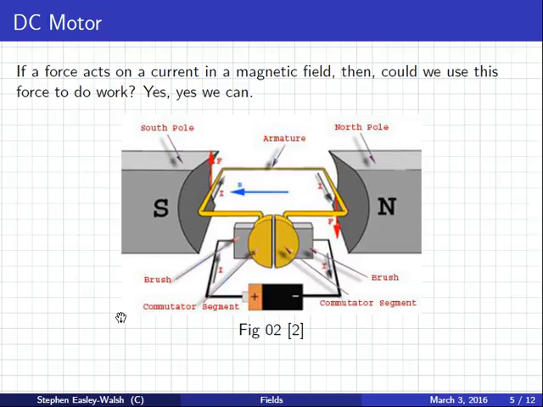Now, in the exam, they do ask you to draw this. So it's very important that you, as best you can, practice drawing this in your book now, because they do ask you to draw a DC motor in the exam. So this is a DC motor.